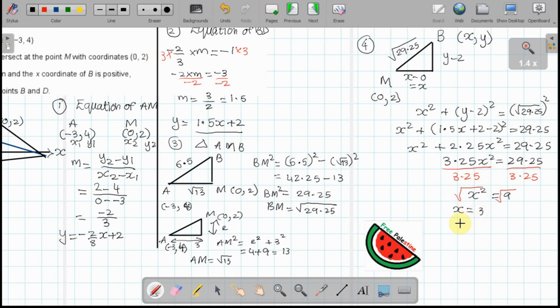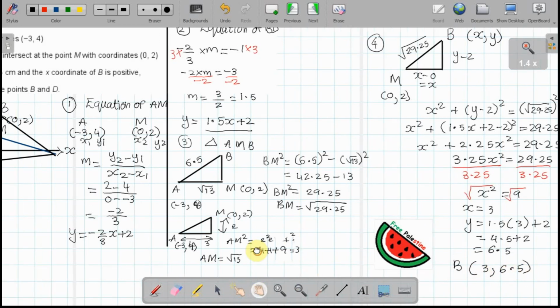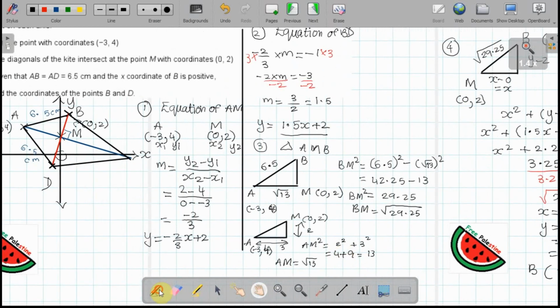And then the y coordinate would be y equals 1.5 times 3 plus 2. So that's 4.5 plus 2, which is 6.5. So the coordinates of B are going to be 3, 6.5. Okay, so that's one part of the question answered. B has coordinates 3, comma 6.5.